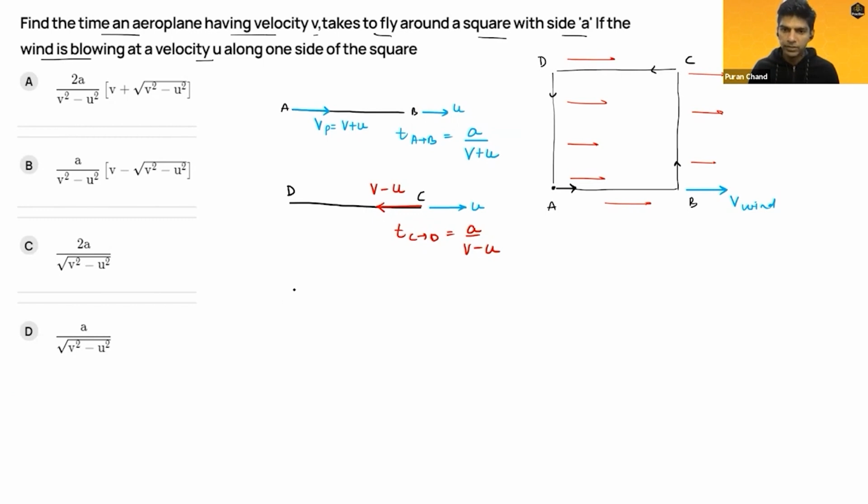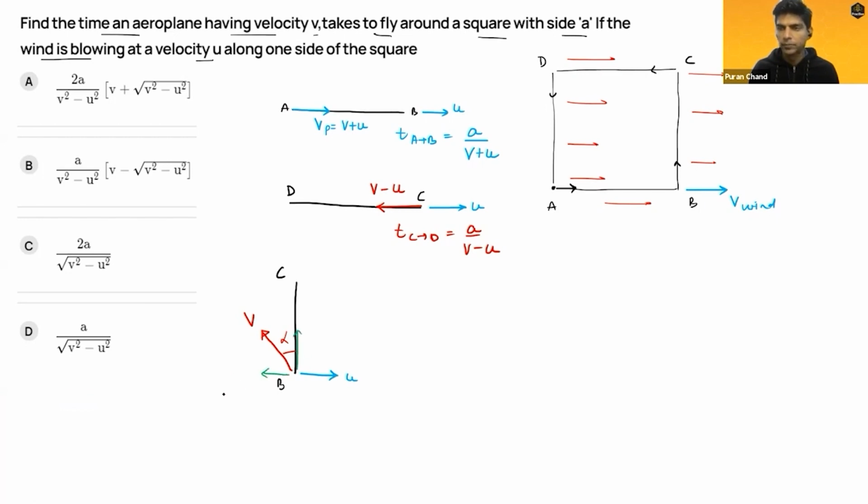Now let us see BC. So this is B and this is C. Wind is along this direction. The plane should move in this particular direction, and let's say this angle is alpha. So this is your v. Now it has two components, one in this direction, another in this direction.